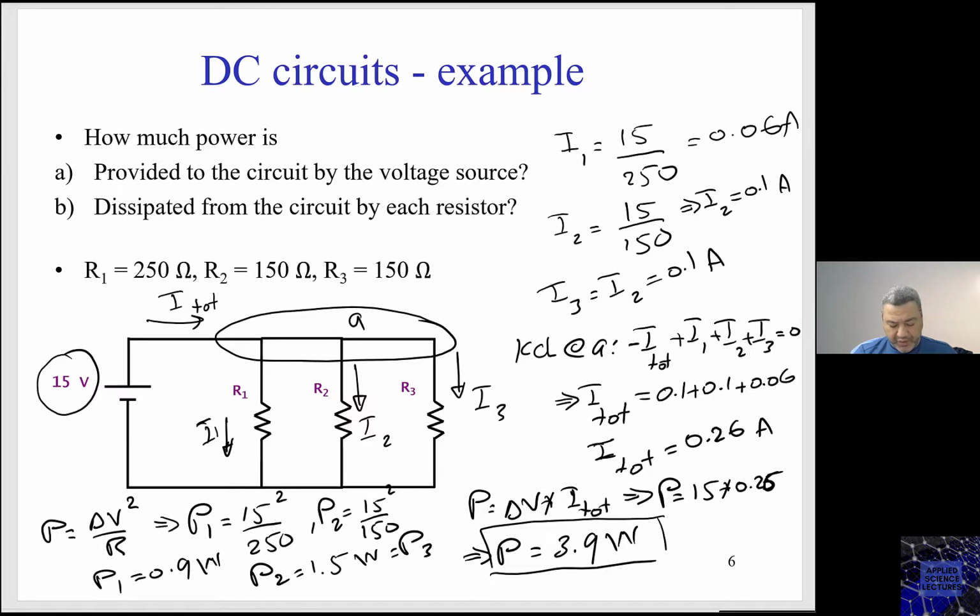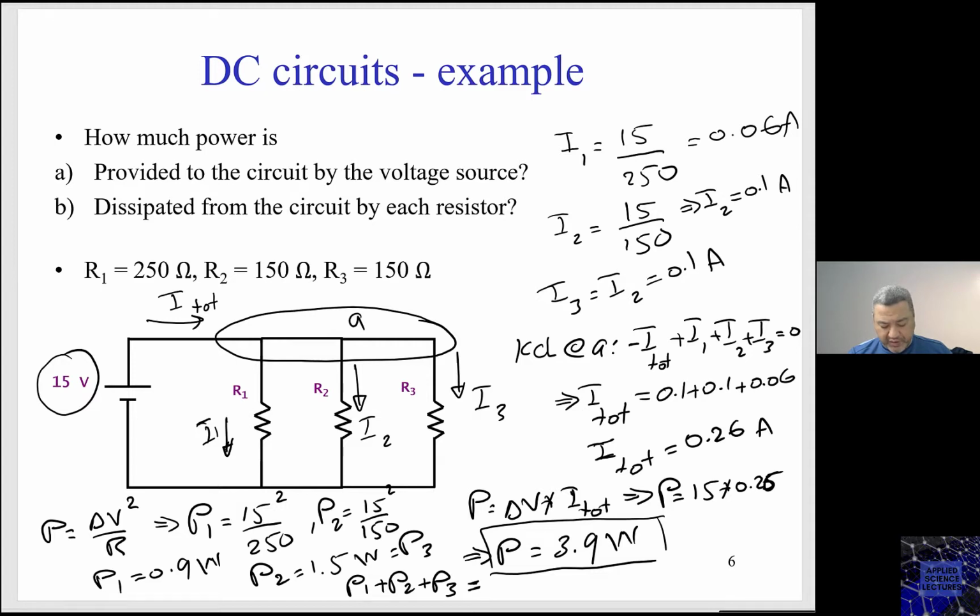Now, if you add them, P1 plus P2 plus P3, it should give you the 3.9 watt, which is the power supplied by the battery.